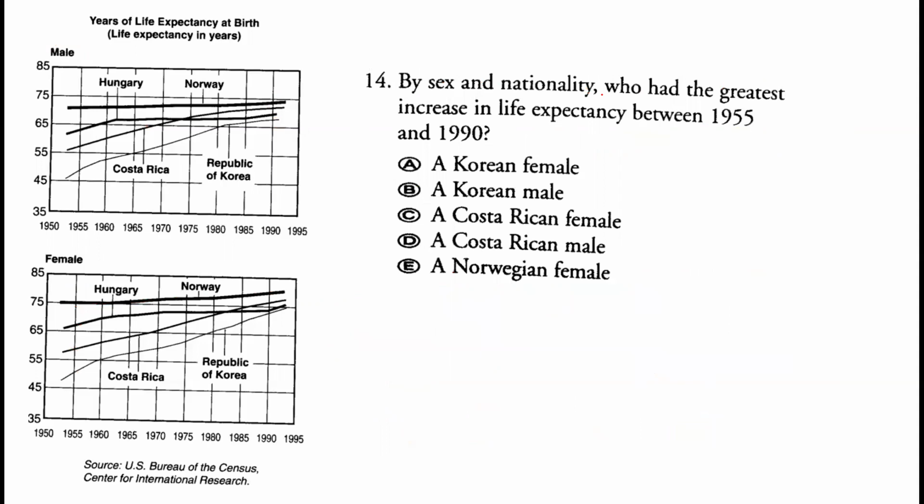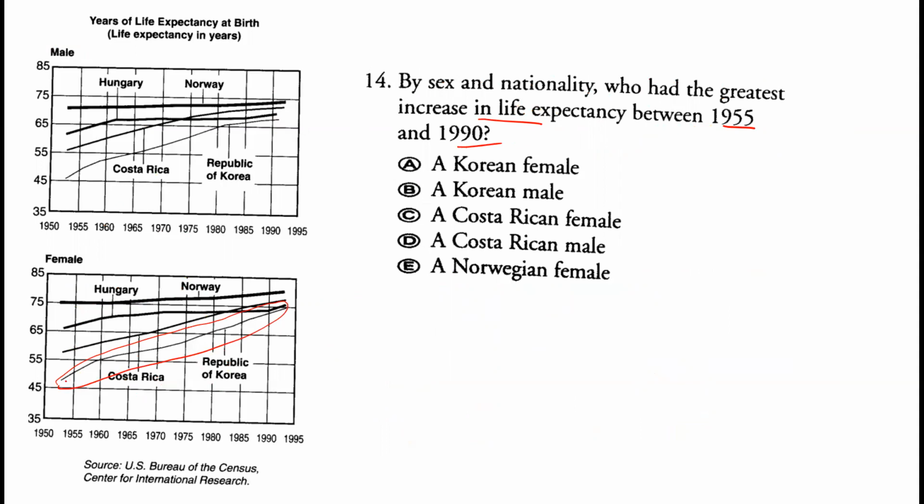Now by sex and nationality, who had the greatest increase in life expectancy between 1955 and 1990? Now the greatest change. If you look over here, the steepest line you can see is that of females in Korea.